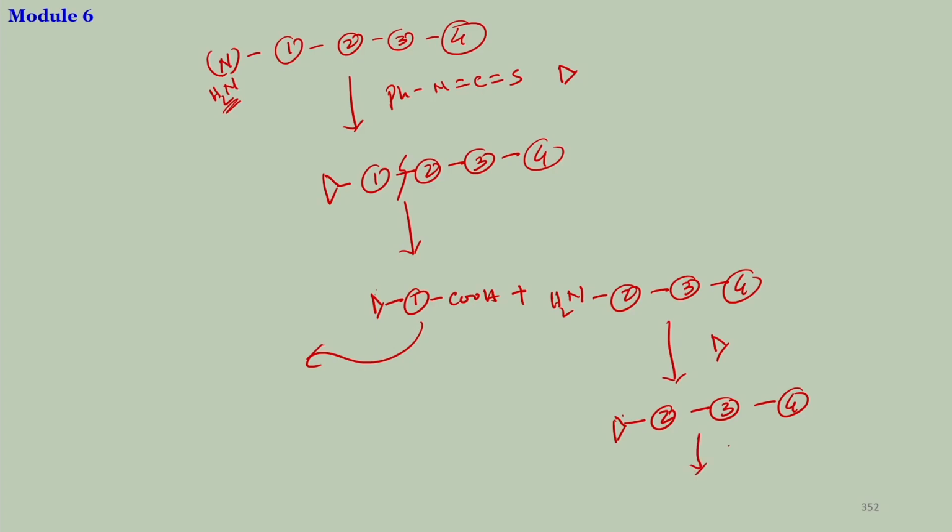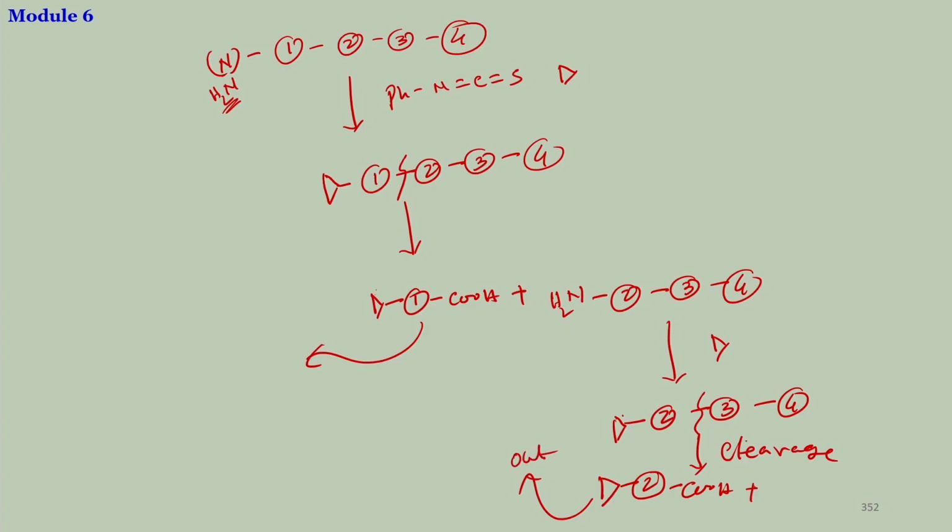Similarly, once this is done, then comes the cleavage of the bond at the C-terminal end, the peptide bond which is present after the amino acid which is tagged. So between 2 and 3, this bond would be cleaved, and it will leave you with 2 with the free carboxyl that would be eluted out.